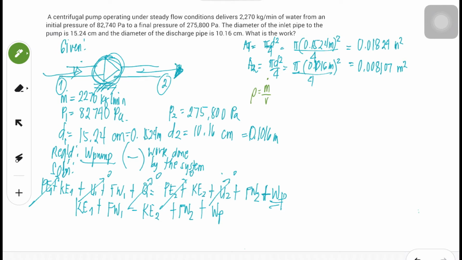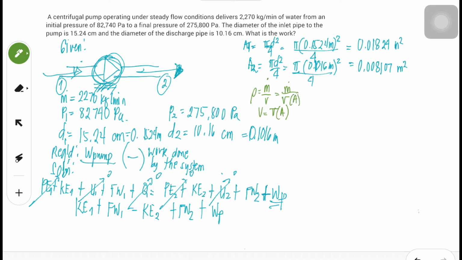But our volume is also equal to the speed times the area, the speed over the area.